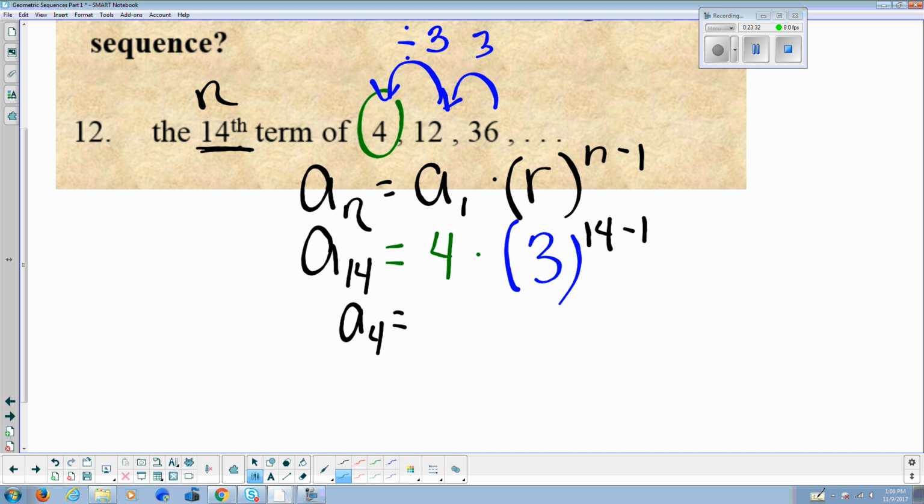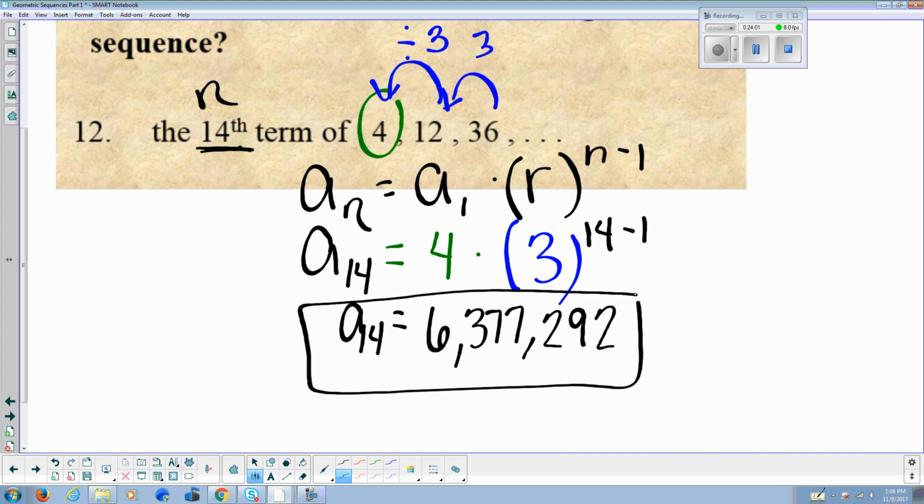They're getting really big really fast because we're multiplying by a factor, whereas in arithmetic sequences, we were just adding a number, and multiplying grows much faster than addition will grow a number. So our 14th term, I said A4, our 14th term of this sequence is 6,377,292. Check your work with mine.